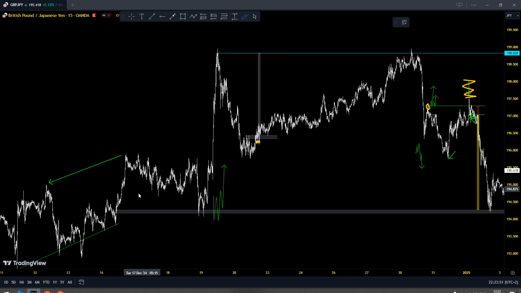Because you see, when we have this market structure break, price is breaking the highs that were the holder. That was the holder, and the price is holding right now this area. And we know this low is not holding and this low is not holding, so price is going to go back to this low point.